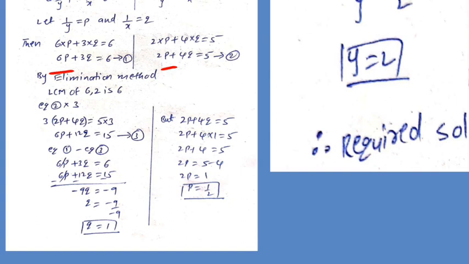That is why I found the LCM of 6 comma 2, which is 6. To get 6 as the coefficient of p in both equations, I multiply equation 2 only with 3, because in equation 1 the coefficient is already 6, so no need to multiply any number with that equation.